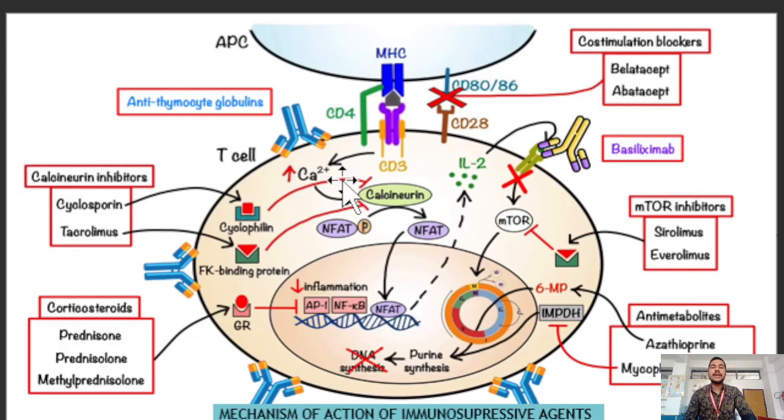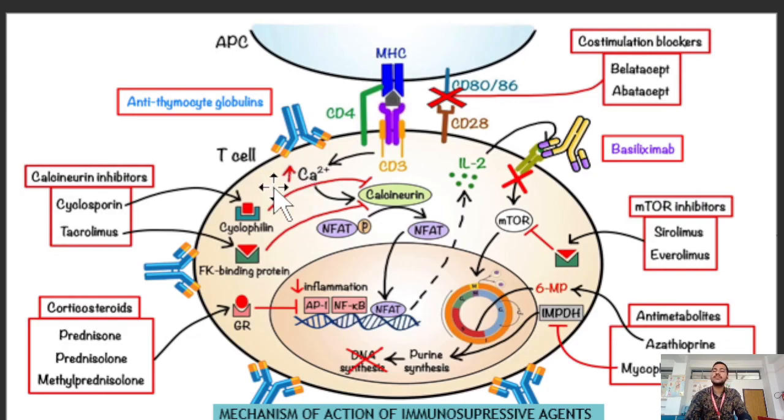Now let us look at what happens when this calcineurin is inhibited. Let us recall the physiology of this part. When the signal transduction through this MHC, major histocompatibility complex, takes place, what happens? It increases the concentration of calcium ions.